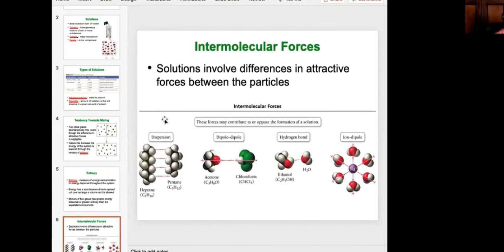They call these instantaneous dipoles because it's a force that happens between molecules. You have a shifting of electron density, which creates a transient, instantaneous, non-permanent dipole, and then if there's another molecule near there, it will force that molecule to have an instantaneous dipole. And so these are very fleeting. They don't last very long.